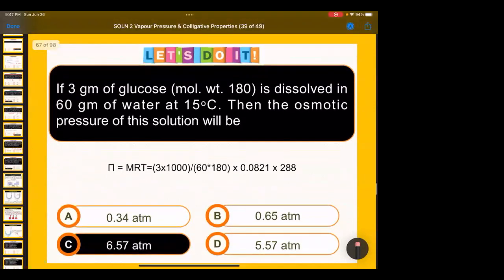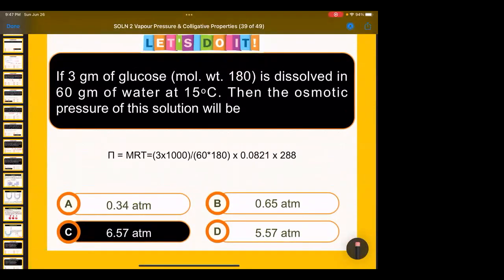So C option is correct. So pi equal to CRT. Mole per liter you need to find out. 3 by 180 is the number of moles of glucose. So 180 I will take in the denominator, 3 in the numerator. And how much water is there? 60 ml.